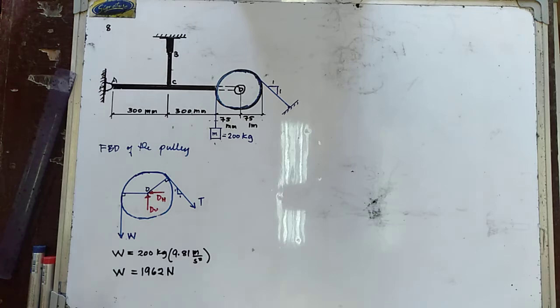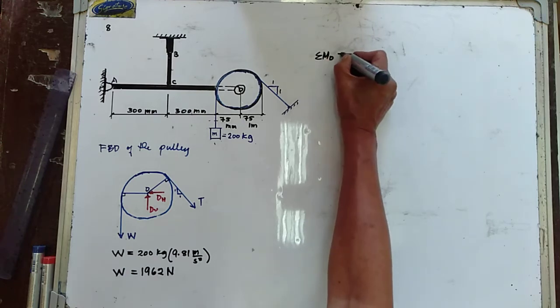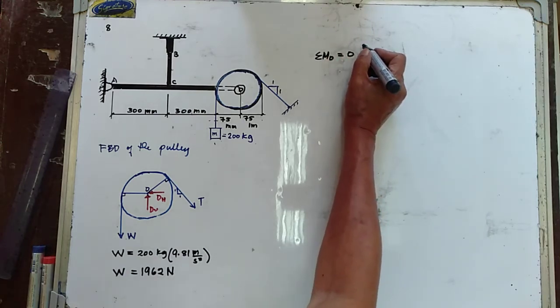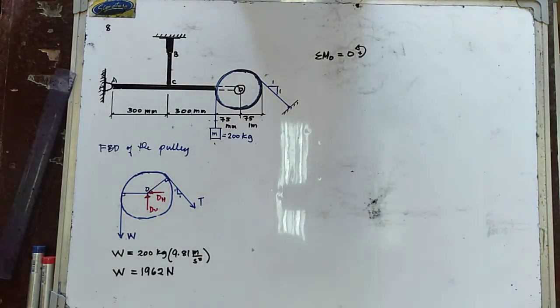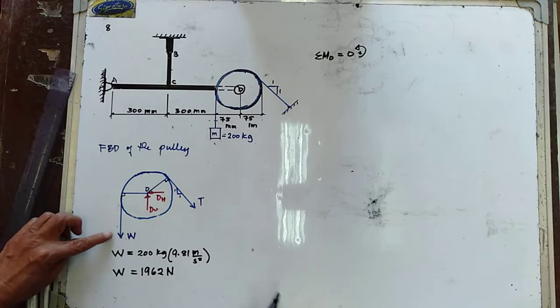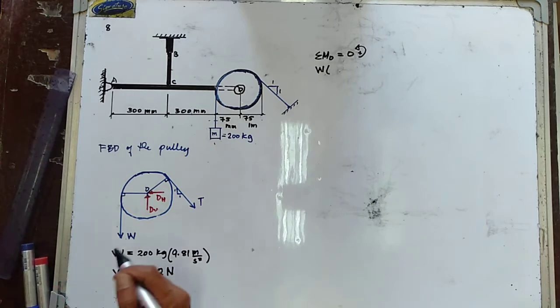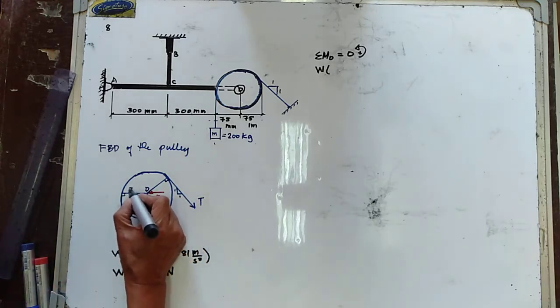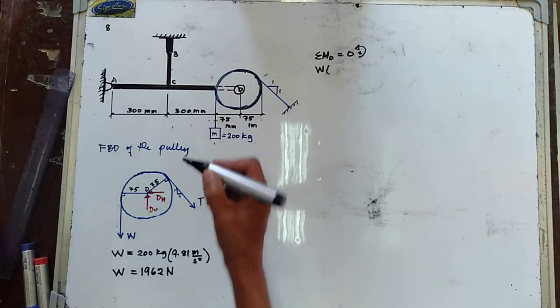Now, let us try to take summation of moment about point D equal to 0. I'm going to take counterclockwise moment positive. So we have W, the moment arm is 75 mm, the radius of the pulley. This one is also equal to 75.